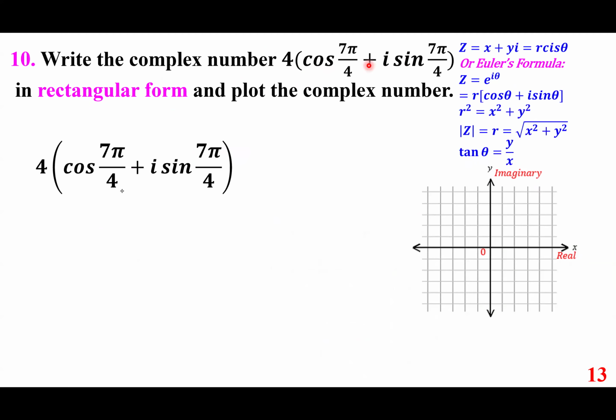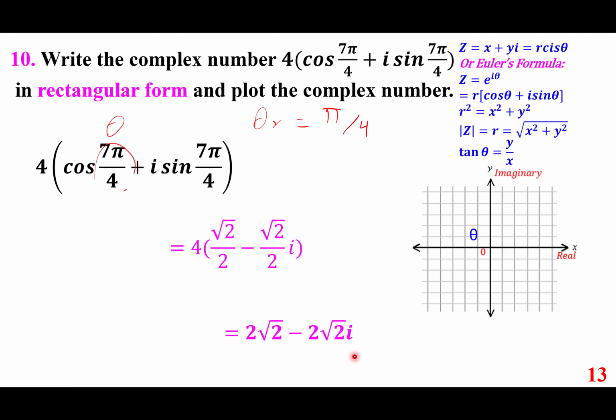That's all. 7 pi over 4 is theta, and the reference arc is pi over 4. 7 pi over 4 is in the fourth quadrant. Cosine is positive, sine is negative. Both of them are square root of 2 over 2. So you distribute the 4, the 2 goes away. We get 2 square root of 2 minus 2 square root of 2 i.